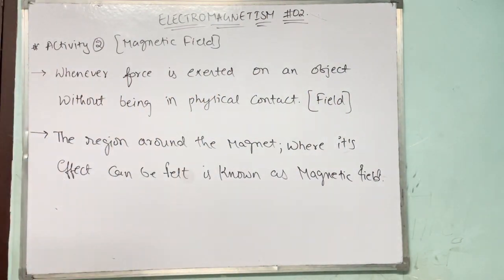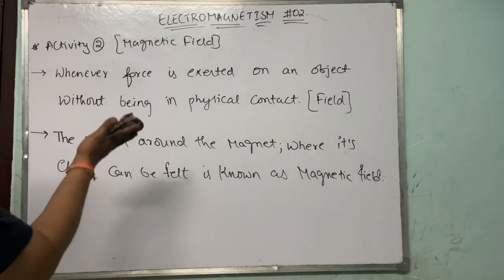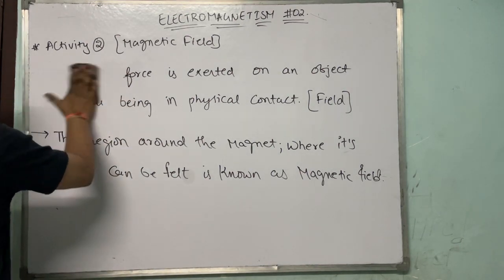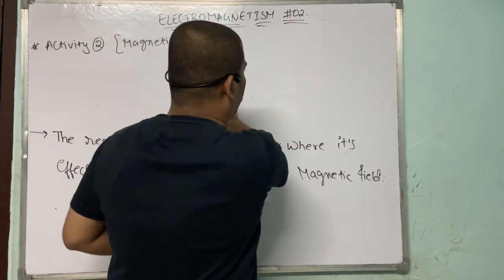So hope you have understood about the magnetic field very clearly now. Okay, so now we'll move on to the next topic as per your book. So magnetic field, hope you understood here.